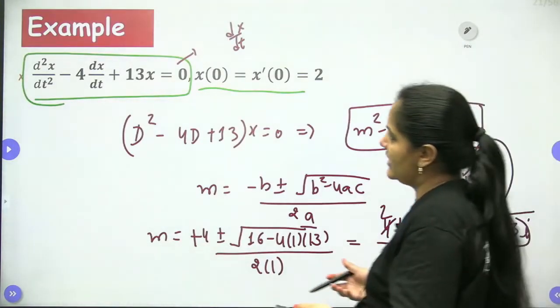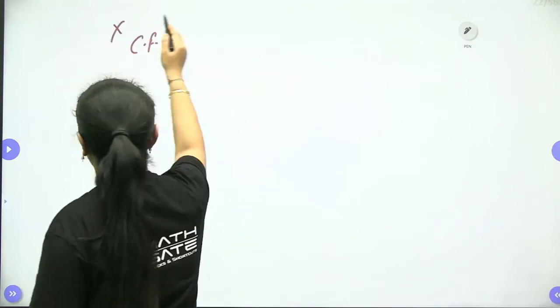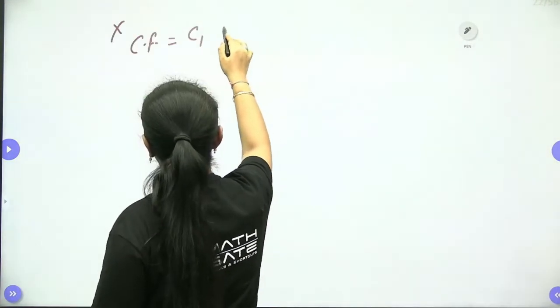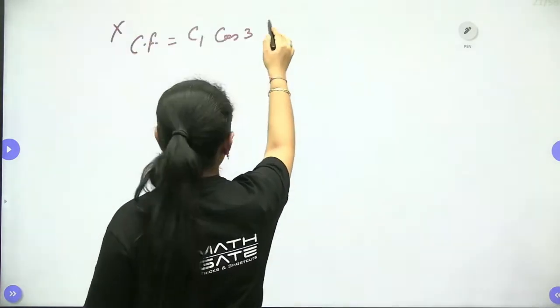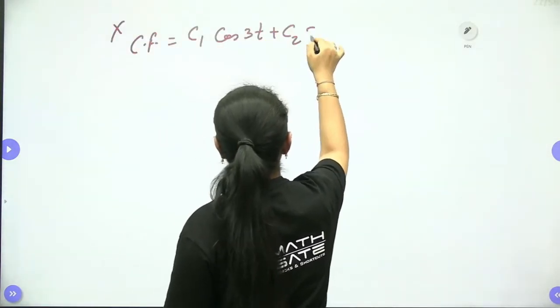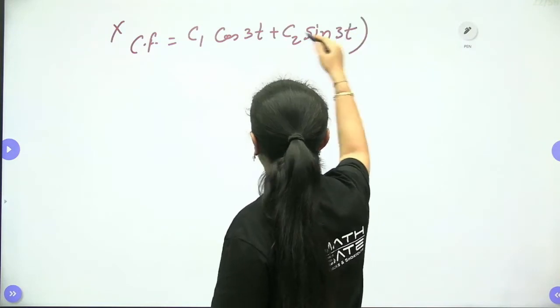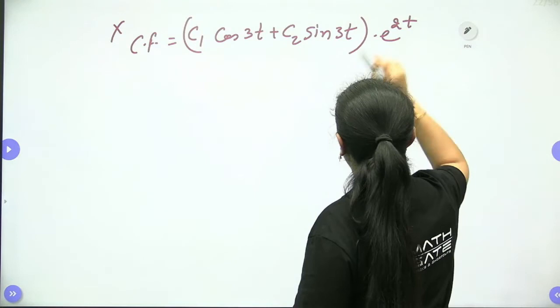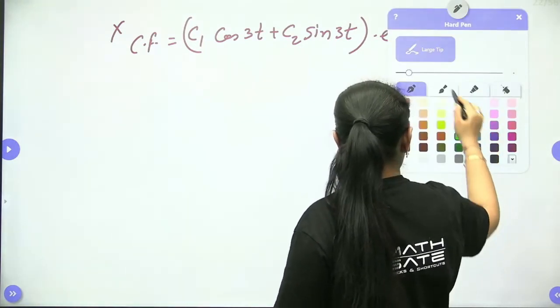So here you can write XCF. It will be C1 cos of 3t plus C2 sine of 3t, and it will be multiplied by e to the power 2t, right? So this will be my CF only.